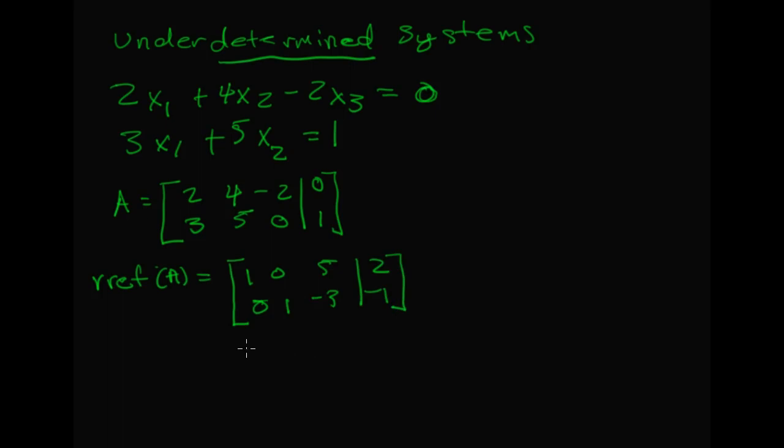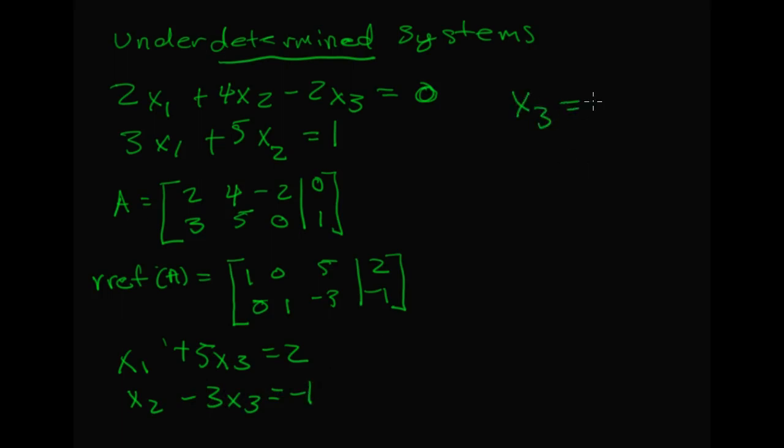It doesn't have that nice, neat Gauss-Jordan ones down the diagonal, zeros everywhere else form. So this is going to convert back to x1 plus 5x3 is equal to 2, and x2 minus 3x3 is equal to negative 1.